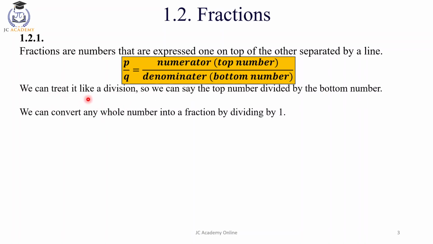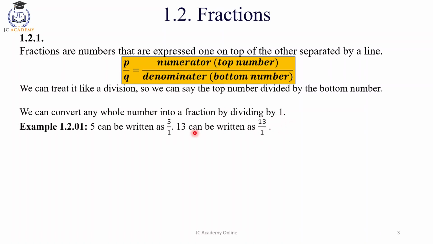So we can treat the fraction like a division. The top number divided by the bottom number. We can also convert any whole number into a fraction by dividing by 1. For example, the number 5, we can write it as 5 divided by 1.